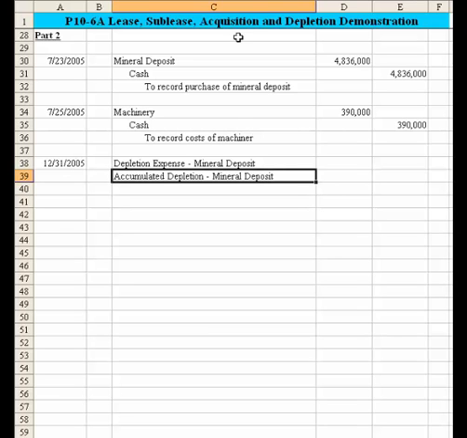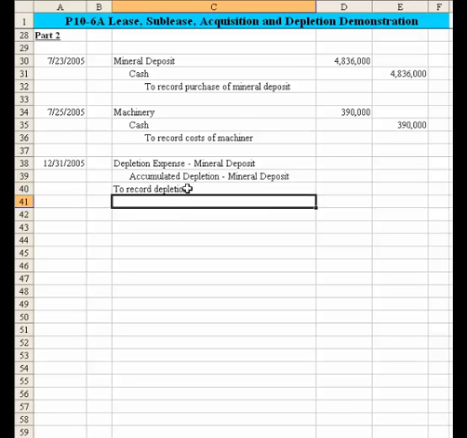Okay, I'll indent that a little bit. And the purpose of this would be to record the depletion on the mineral deposit, but let's just leave it as to record depletion should be enough.